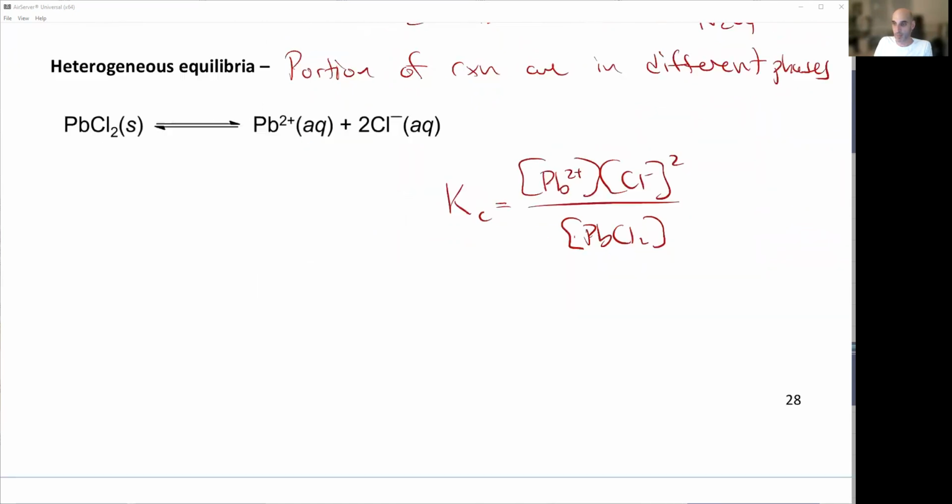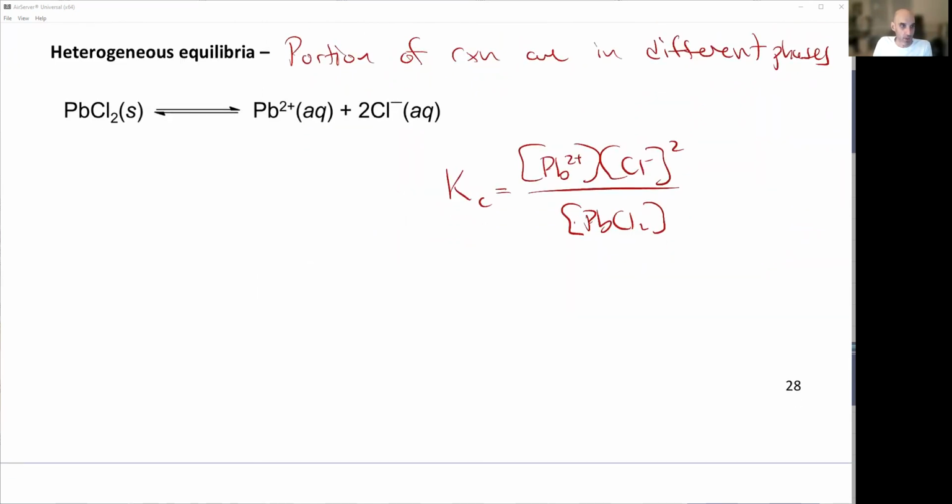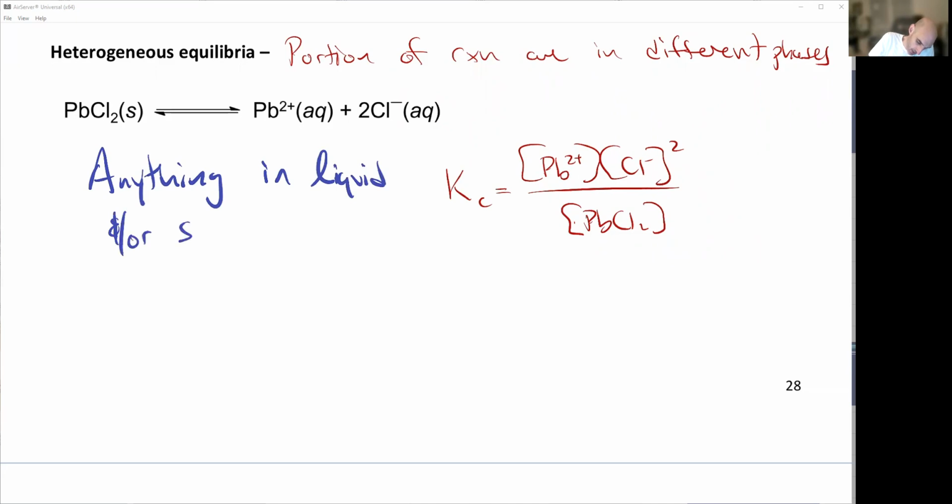There we go. The only problem is that anything that is not aqueous, anything in liquid or solid state, equals 1.